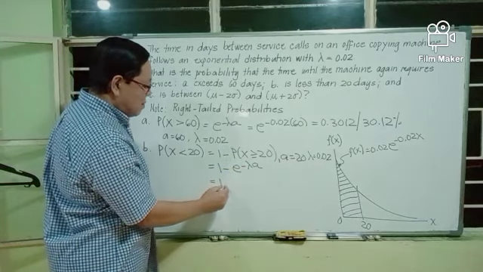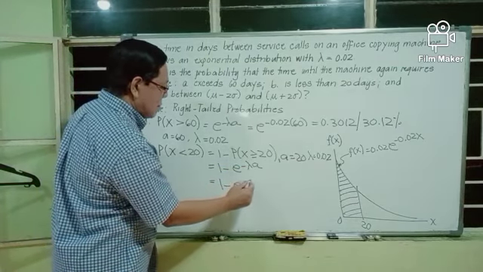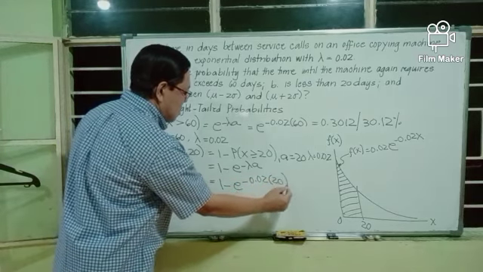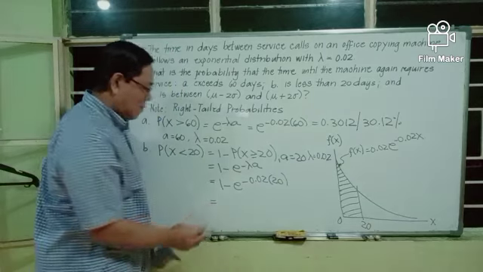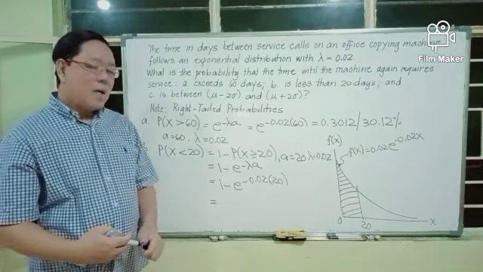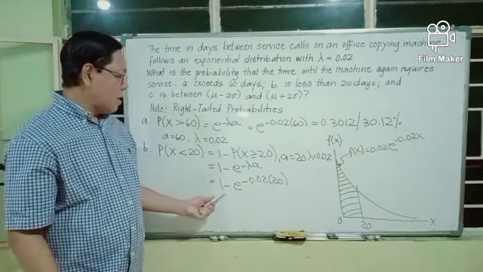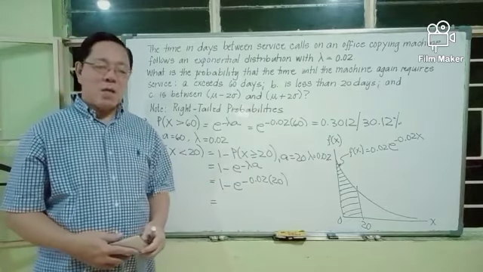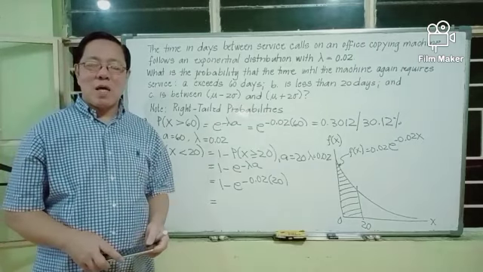We get 1 minus e to the minus 0.02 times 20.